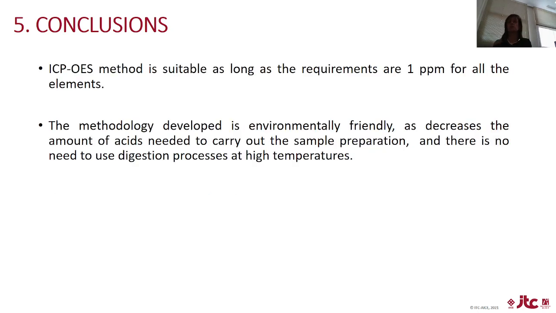The ICP-OES method is suitable as long as the requirement is 1 ppm for all the elements chosen. And finally, the methodology developed is environmentally friendly as it decreases the amount of acids needed to carry out the sample preparation, and there is no need to use digestion processes at high temperatures.